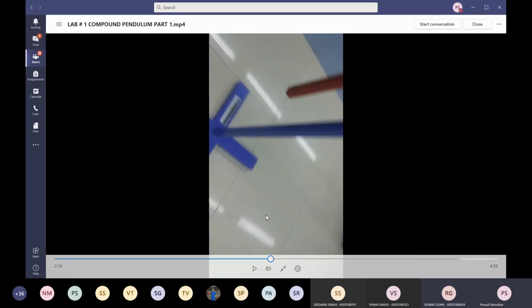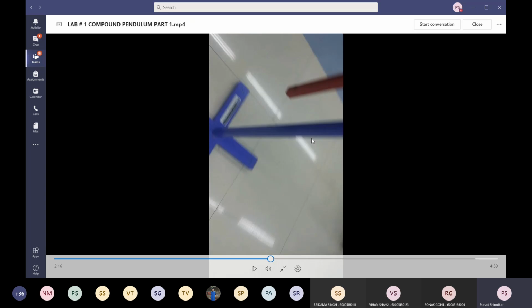Yes, sir. This is 34.5 centimeters. All of you make a note of that. I hope all of you have made a note of it. Even if the video is lagging, my audio is not lagging, right? No, sir. Okay. So OG for the first set of readings is 34.5.